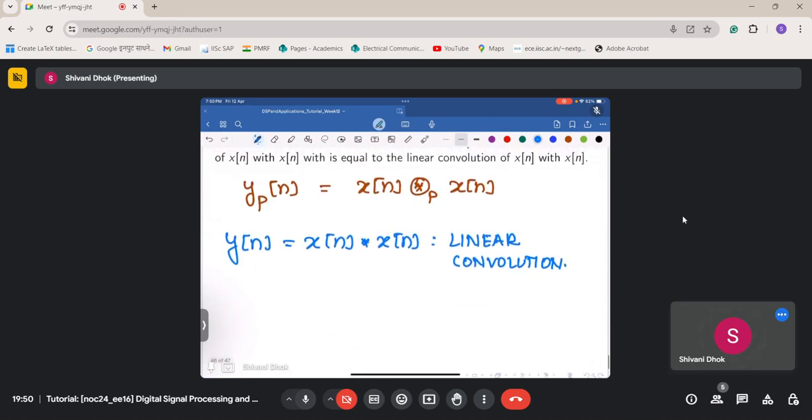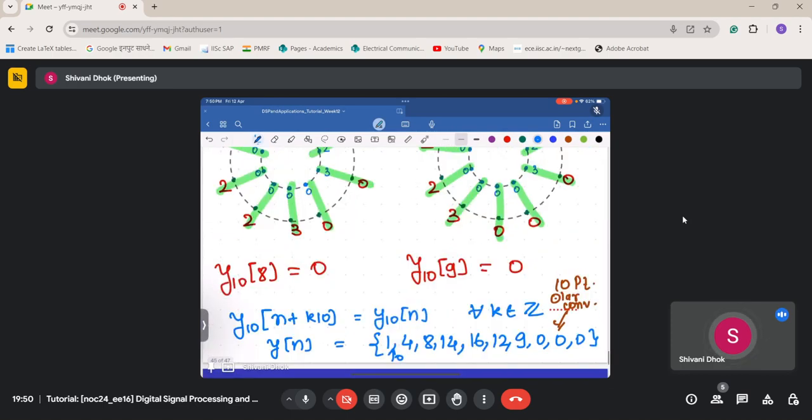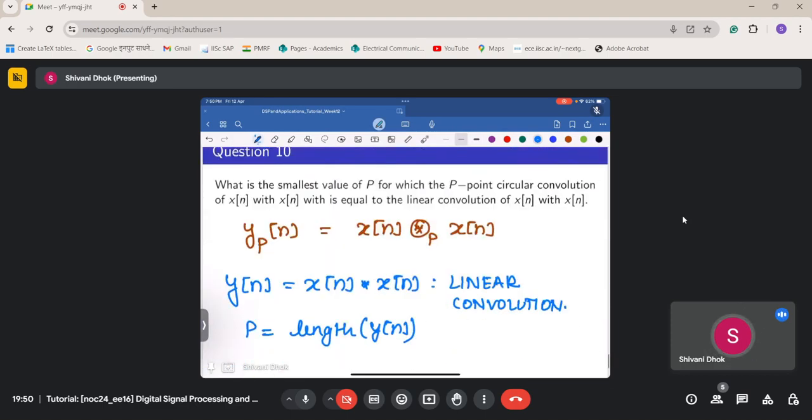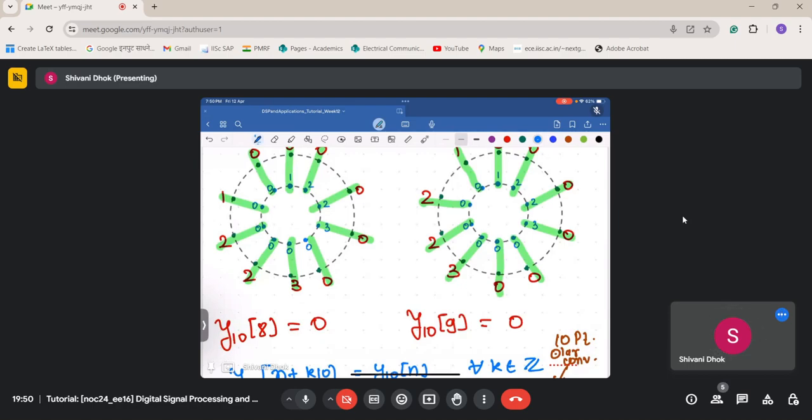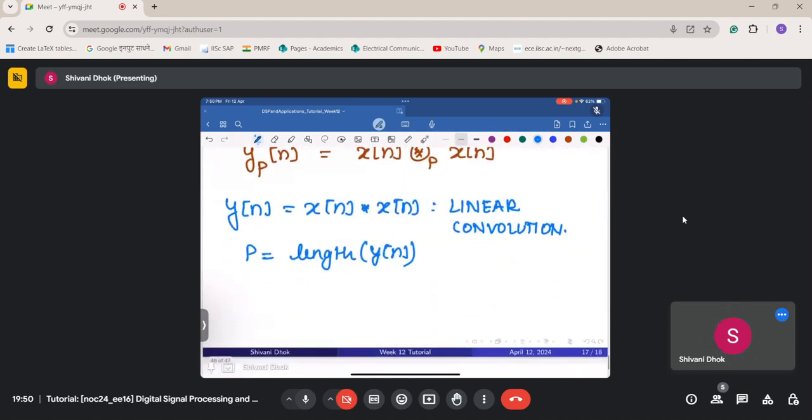And p here should be equal to the length of y of n, so that when I circularly convolve these two signals, it will give me my y of n, so that there is no circular overlap.